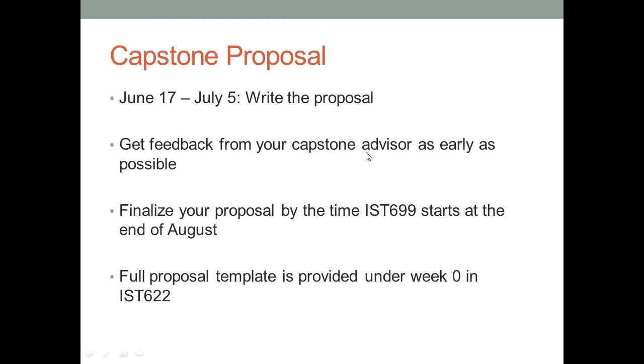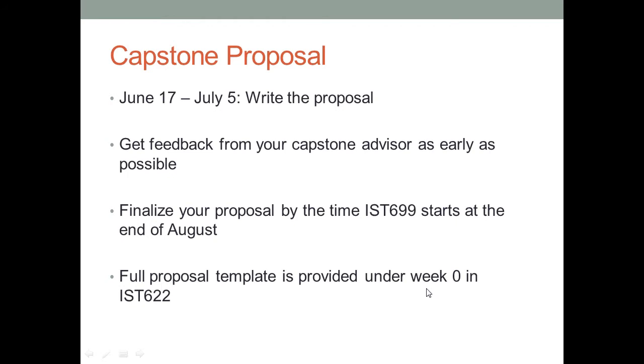Okay. So this is the proposal timeline we're talking about. And I will make the full proposal template available under my course in week 0. The full proposal template is a bit longer, meaning that it has a couple more sections.